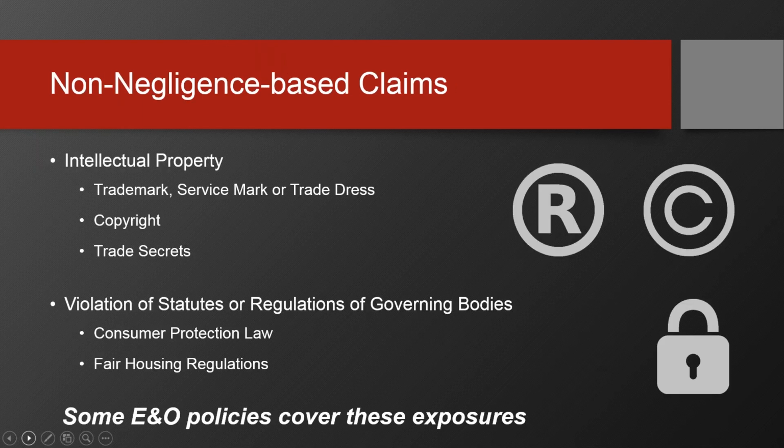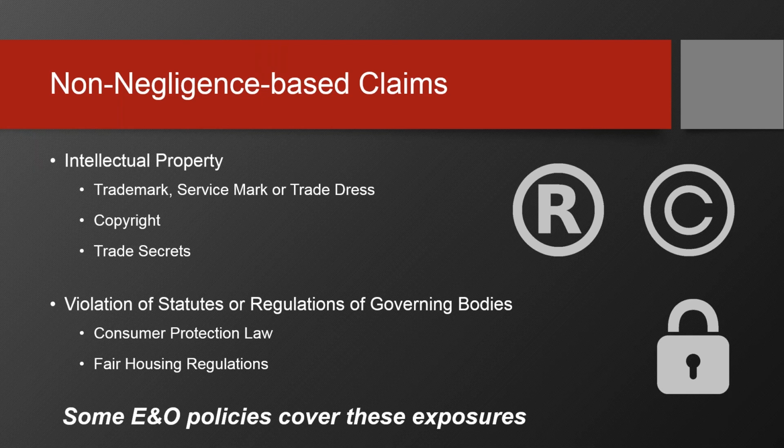There are a couple other non-negligence-based claims that you could see. First is more of a media exposure, but you're seeing a blend of media and E&O nowadays. And this is intellectual property, more like a trademark, copyright, or trade secret type of issue.